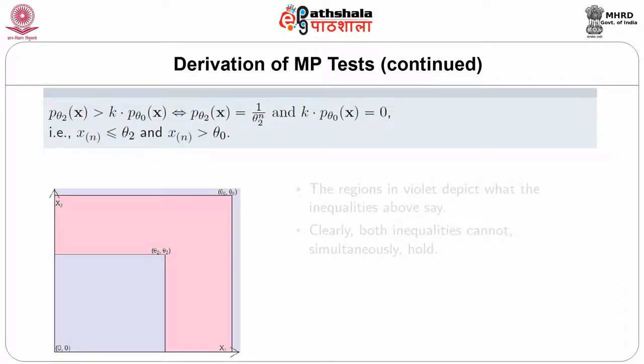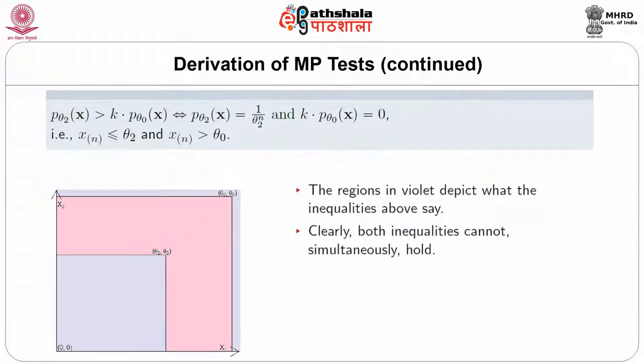But you see, theta 2 is less than theta naught, so x order n would be simultaneously less than theta 2 and greater than theta naught. So you see from the regions that both inequalities cannot simultaneously hold.